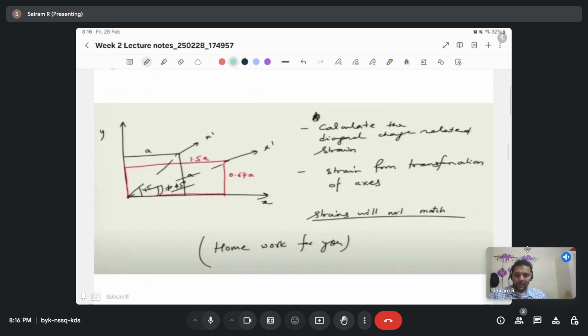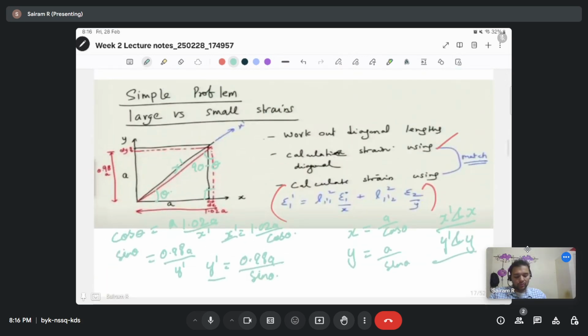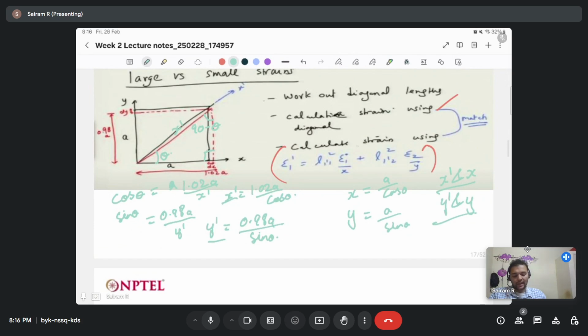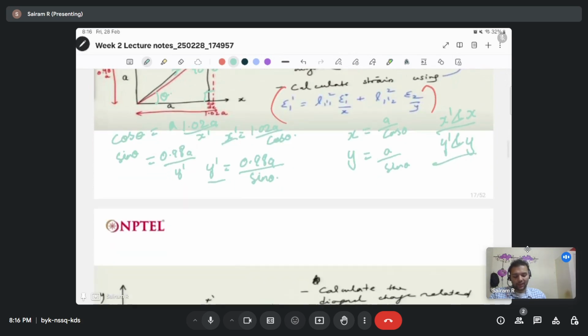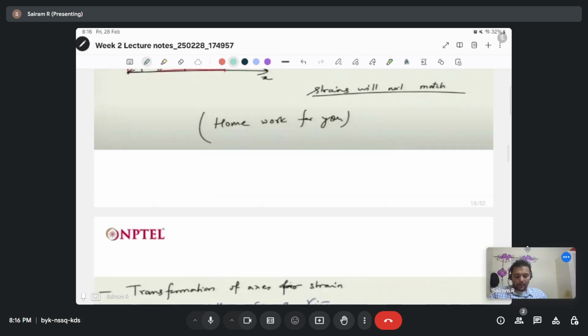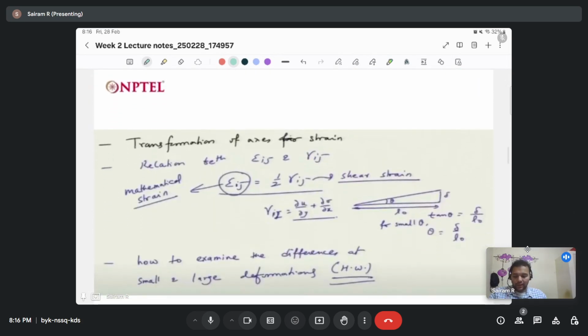But when we know that there is a huge displacement, and when we try and solve these using the transformation of axis that we have been discussing so far, we will find that this is not going to be possible for us to equate through the diagonal and using the strain equations. This is a homework again left for you to solve.